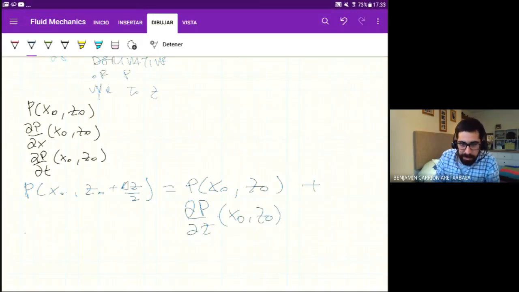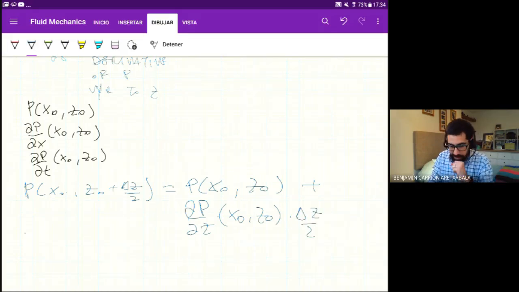You see this has units of pressure per unit length. So in order to make it a pressure, we need to multiply it by a unit length, and in this case it is the actual length that separates the 2 points. So delta z half. This is actually not equal. It's an approximation, a first order approximation. This is a Taylor series, a Taylor expansion.